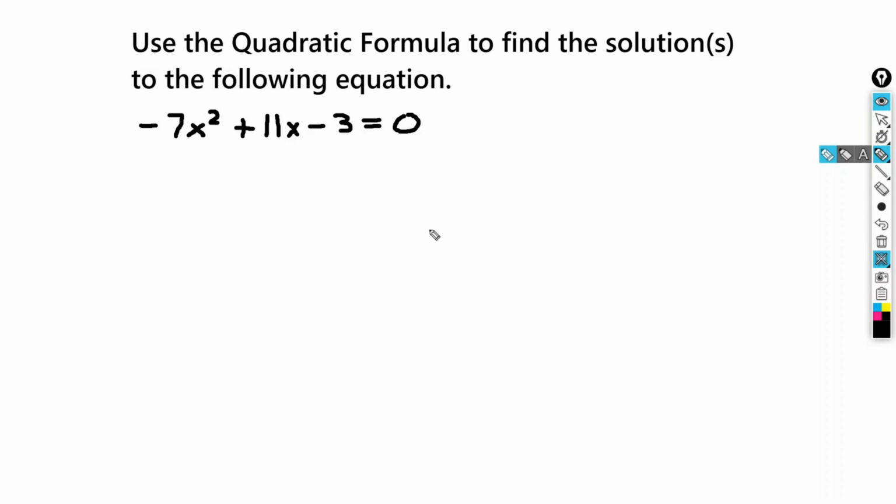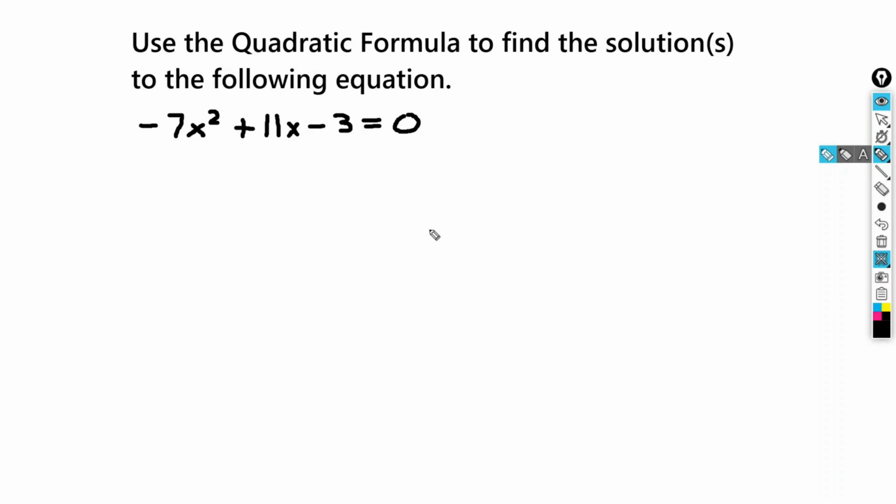Okay, in our third example, we're going to use the quadratic formula to find the solution or solutions to the following equation. So we have negative 7x squared plus 11x minus 3 equals 0. Now, we already have the equation set equal to 0, so we've got a little bit of a head start. We also have the equation set up in the form ax squared plus bx plus c equals 0.